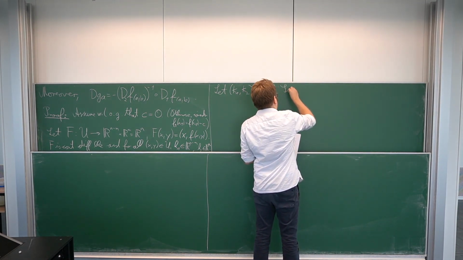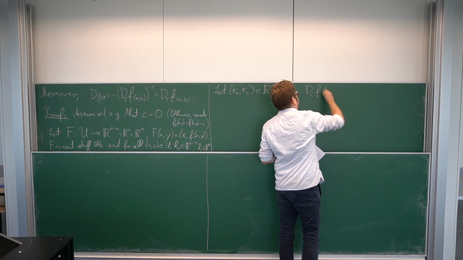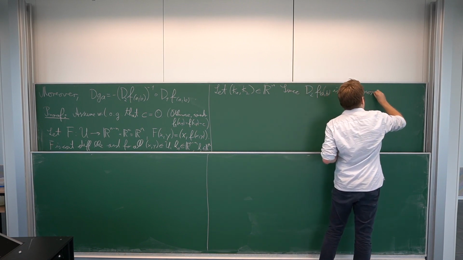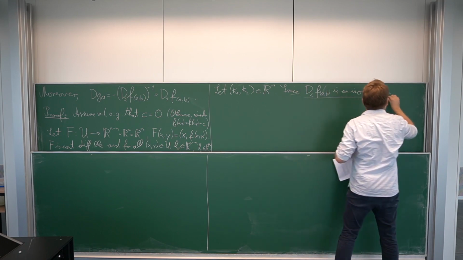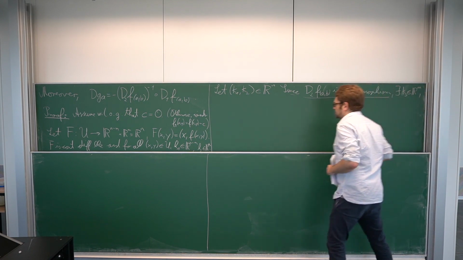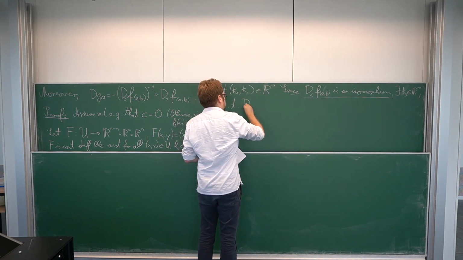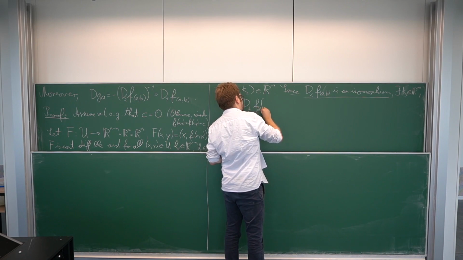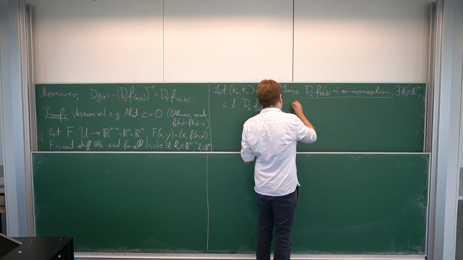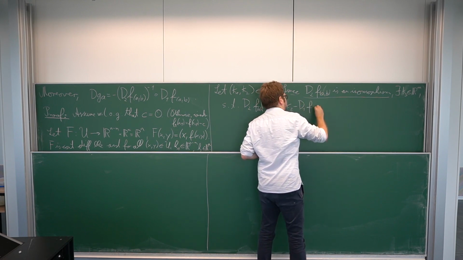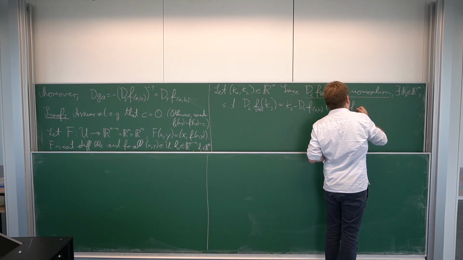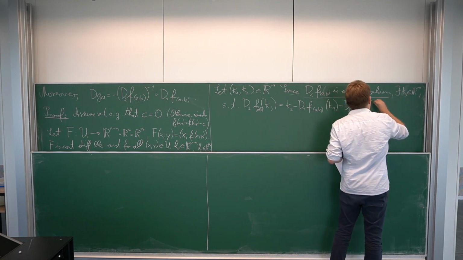Here is the crucial point where we need the assumption: since D2f in (a, b) is an isomorphism, there exists some k3 in R^m such that D2f in (a, b) of k3 equals k2 minus D1f in (a, b) of k1 minus D2f in (a, b) of k2.